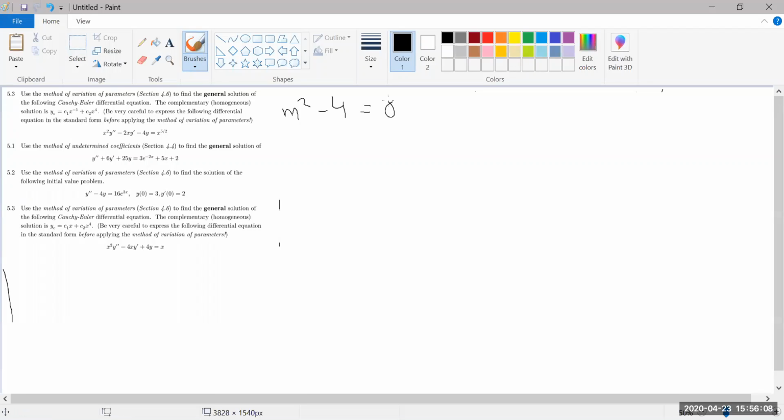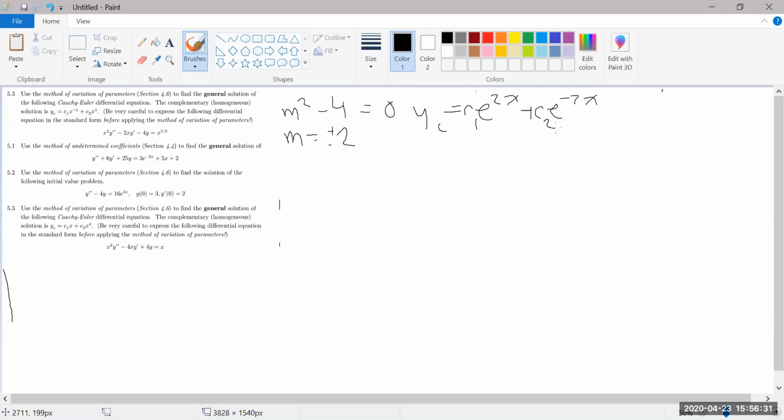You're taking the square root of 4, so you get m equals plus or minus 2, which means that our complementary solution looks like this. And don't forget your constants.